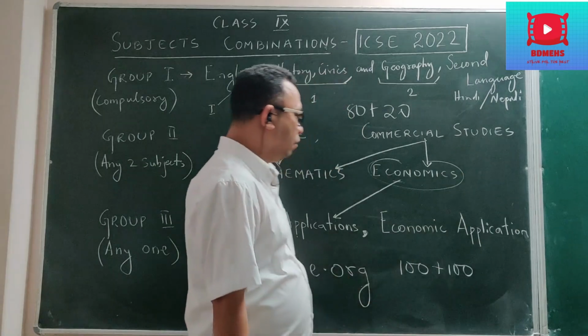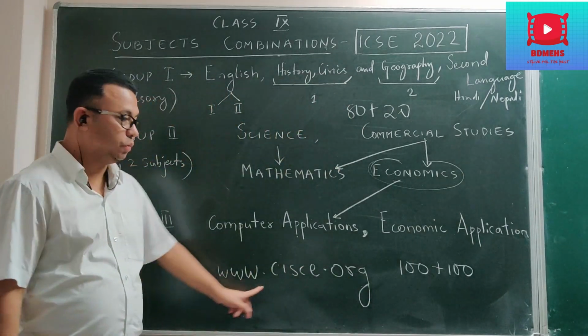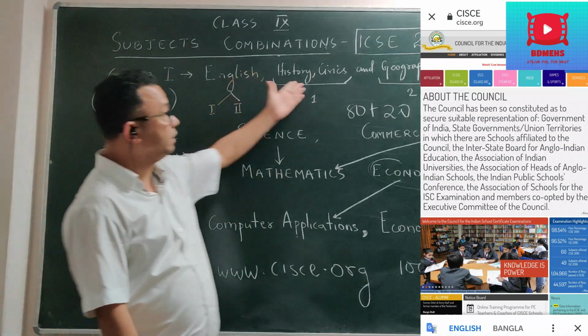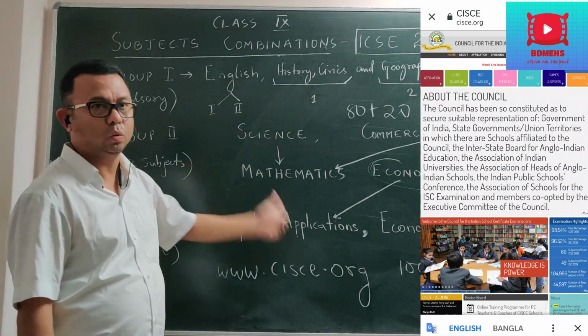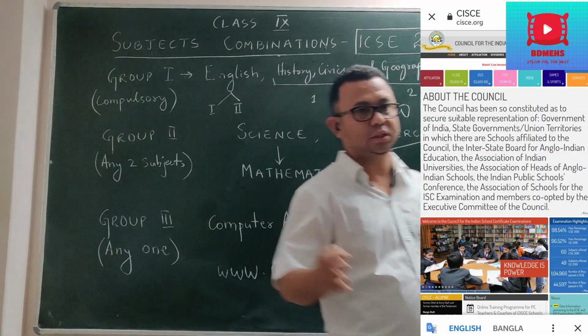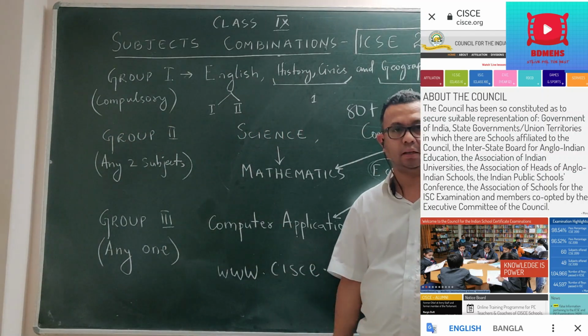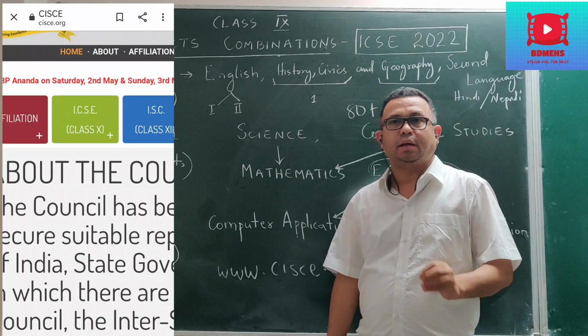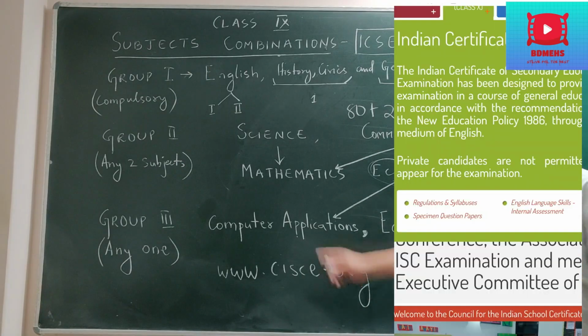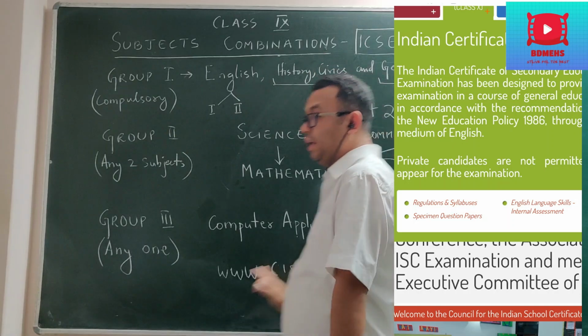Now, for many other information related to the council, you can go to this website and see your regulation, the syllabus for each of these subjects. So go to ICSE section. After clicking on this one, different sections will come out. Go to ICSE section. Now you are under ICSE, and go to the regulations and syllabus. So you'll come across that, and all different subjects that will be taken will be given.